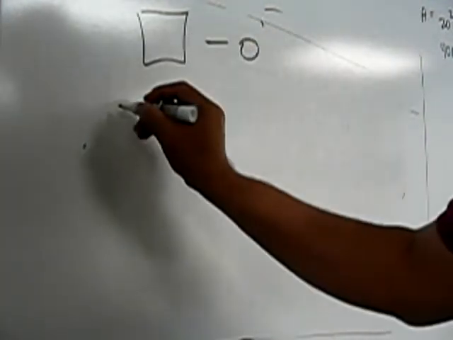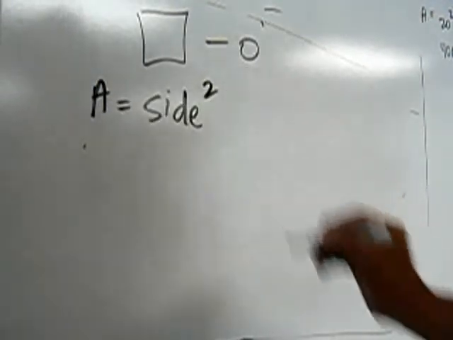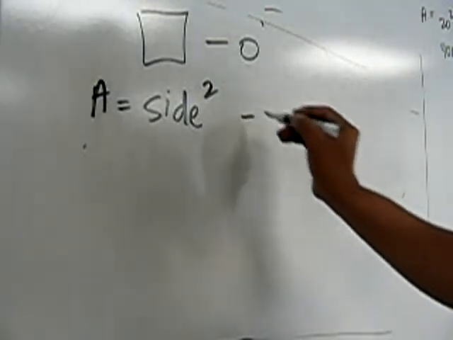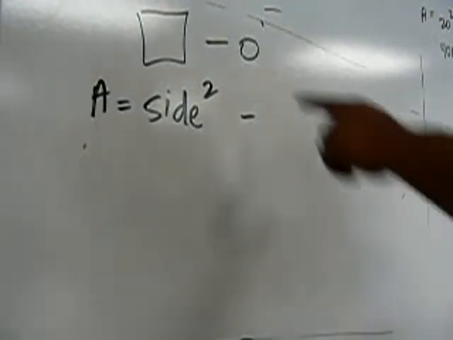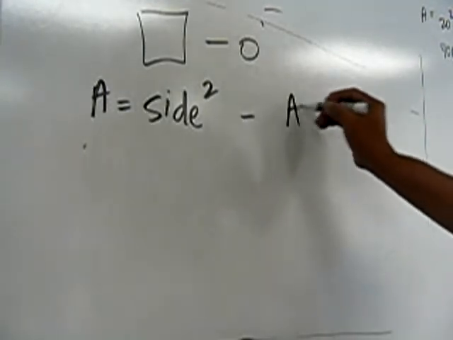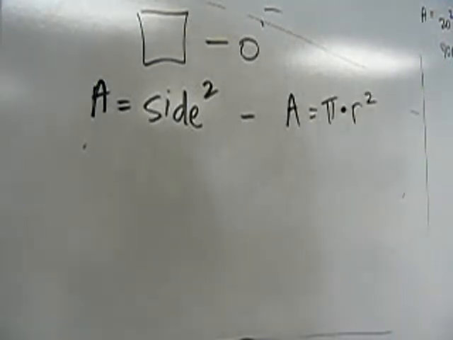Looking up the formulas on the formula sheet, I'm going to find out that area of a square is side to the second power, side squared. Area of a circle, when I look it up in the formula sheet, is going to be pi times radius squared.